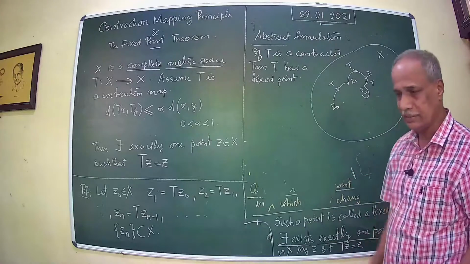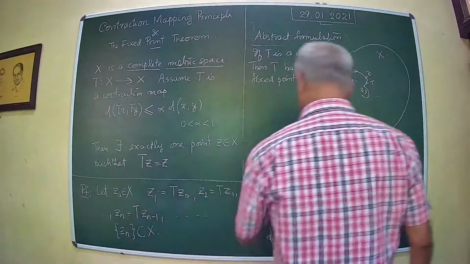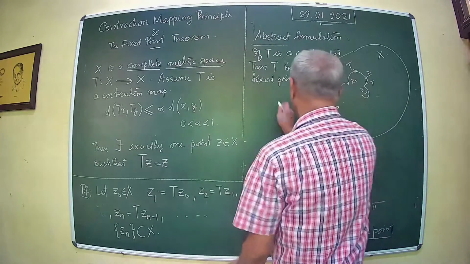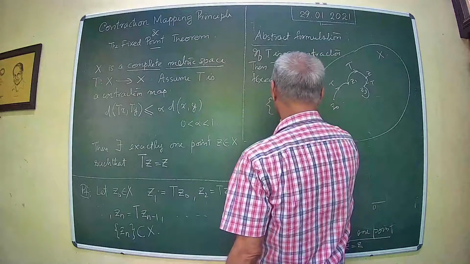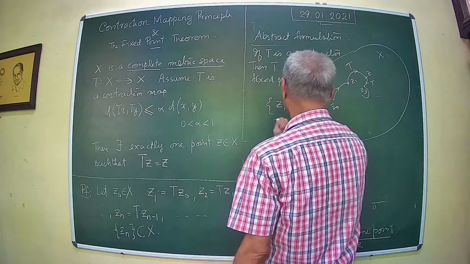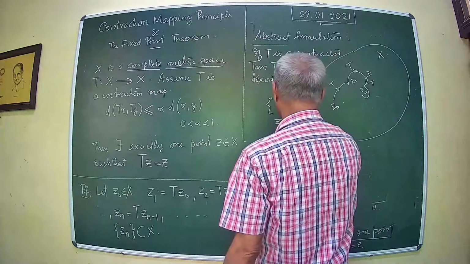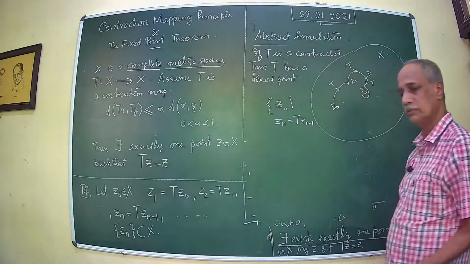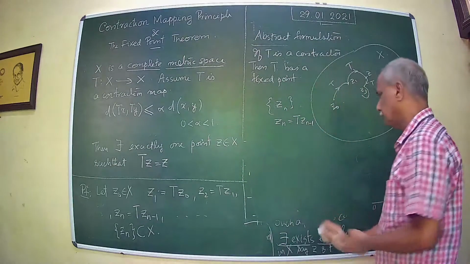Okay, what is the logic that you follow? This is what you have. So you have now got a sequence of points zn with the property that zn equals T zn minus 1. Right.